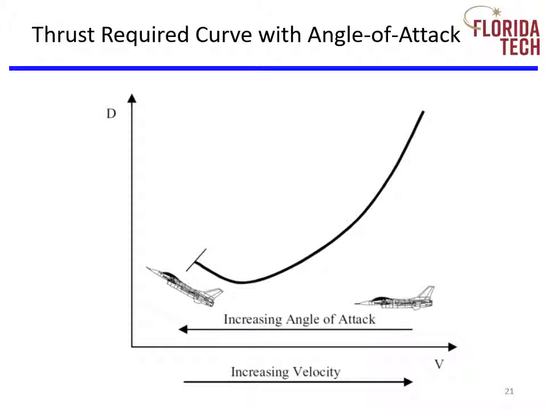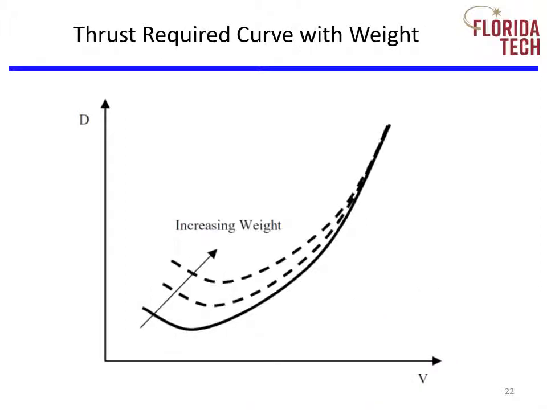This chart shows that angle of attack and velocity are inversely related. Angle of attack is high at low air speeds and low at high air speeds. The drag, or the thrust required curve, will change with aircraft weight.